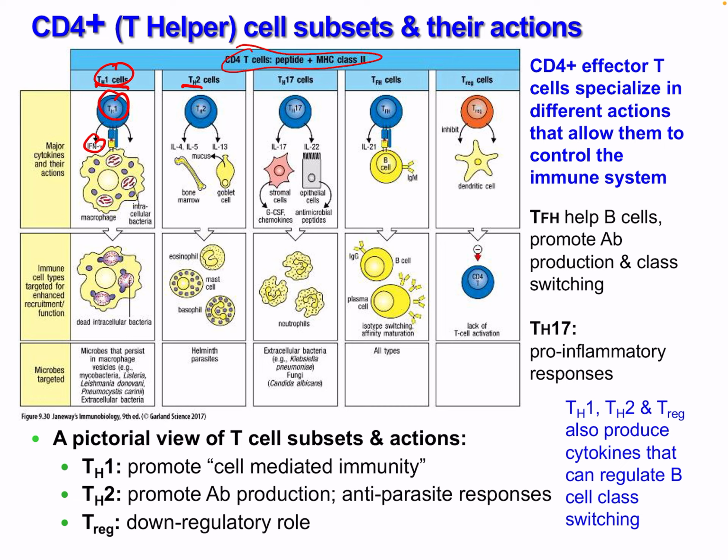Again, signature cytokines for Th2 are IL-4, IL-5, IL-13, stimulating our eosinophils, and again, helminth parasites. Th17, IL-17, IL-22, acting on stromal cells, and then we can have further pathways producing G-CSF and antimicrobial peptides, mainly stimulating our neutrophils, again highly pro-inflammatory, with extracellular bacteria and fungi.